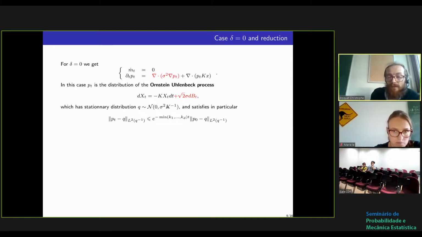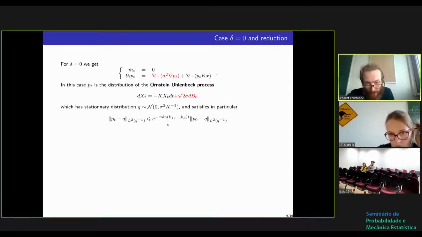And you can prove that it's converging in distribution, so you can express this in many different ways, in Wasserstein distance, etc. You can also say that if you look at p_t, the distribution of this process, and you compare it to q, which is the limit, so this normal distribution with these parameters, in some weighted L2 norm, then this converges exponentially fast to 0. So it's smaller than exponential of minus the minimum eigenvalue of the matrix k times t, times the initial condition here.